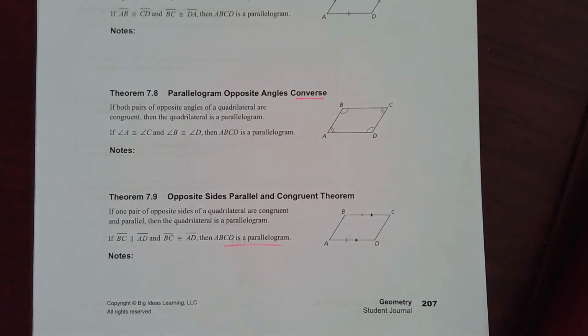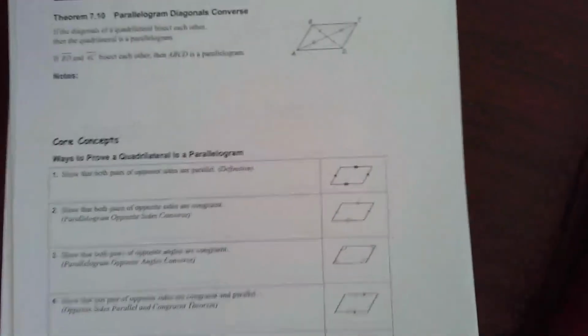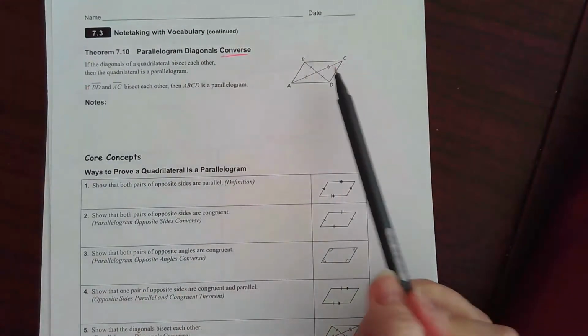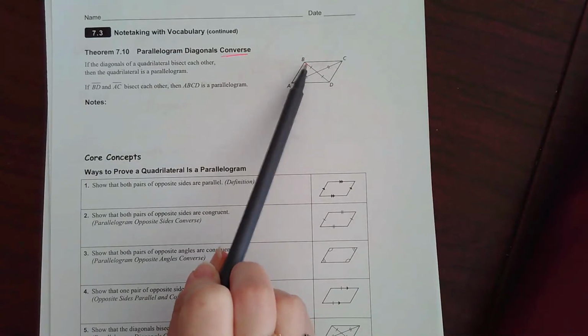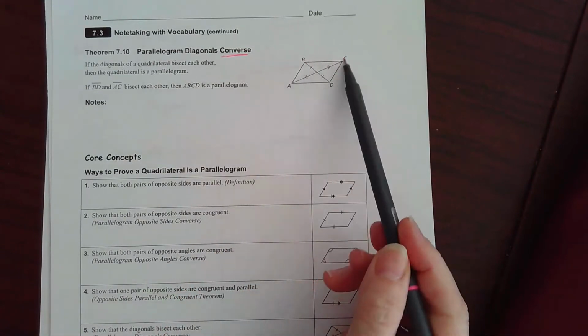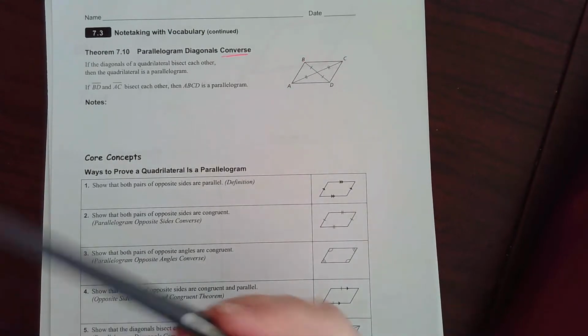And then the last one that we're going to use to help us prove a shape is a parallelogram is the parallelogram diagonals converse. Remember the diagonals connect opposite vertices, so non-consecutive vertices. In other words, A connects to C and B connects to D. So in this quadrilateral, there are two diagonals.